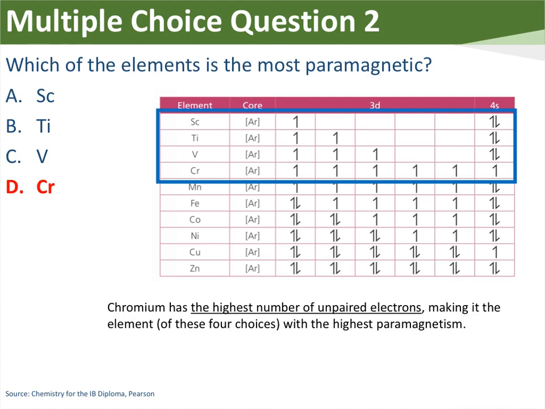So let's look at the 4 elements involved: scandium, titanium, vanadium, and chromium. They all have an increasing number of unpaired electrons. Chromium has the most unpaired electrons of all of these elements. Because it has the highest number of unpaired electrons, it would be the most paramagnetic. And that makes chromium the best choice.